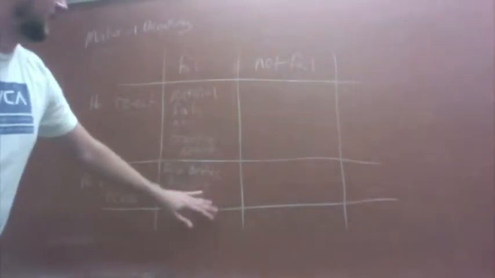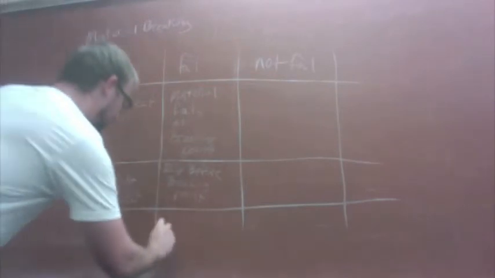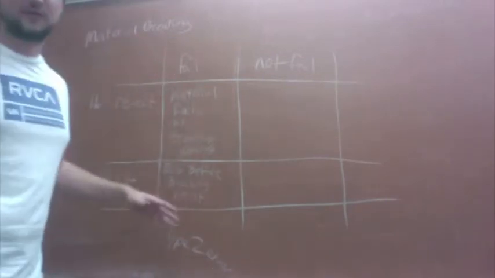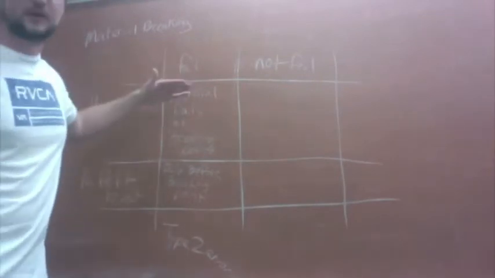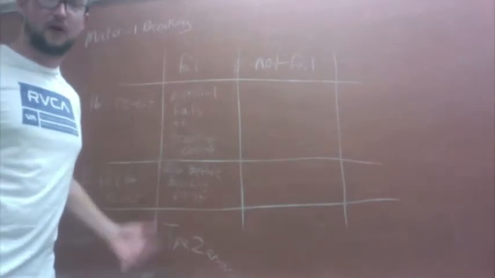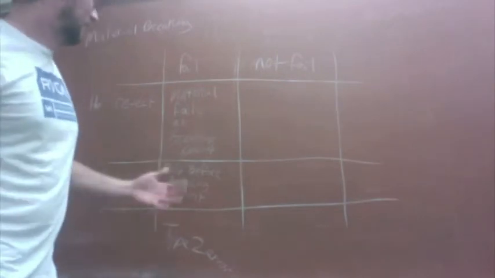And this right here is your type 2 error. And this is what we don't want to do. We don't want to have a piece of material that we say is going to break at this certain level, but it actually breaks before. I mean, you can see what bad things will come after that point.